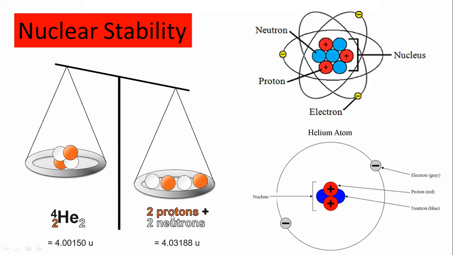The mass of 2 protons and 2 neutrons must be equal to the mass of the helium, but individually the mass of the two protons and neutrons is more as compared to the mass of the helium nucleus. Again, I am just talking about the nucleus. So there is a variation in the mass.